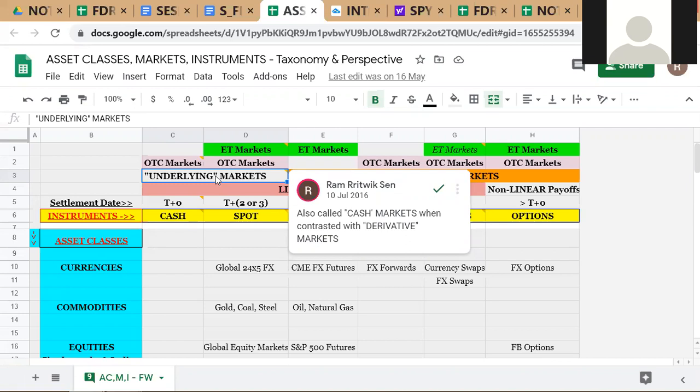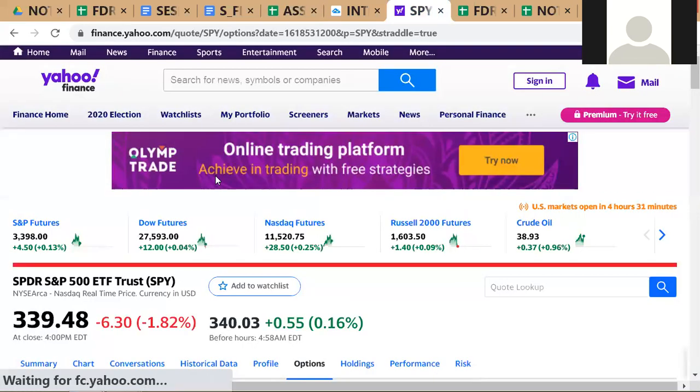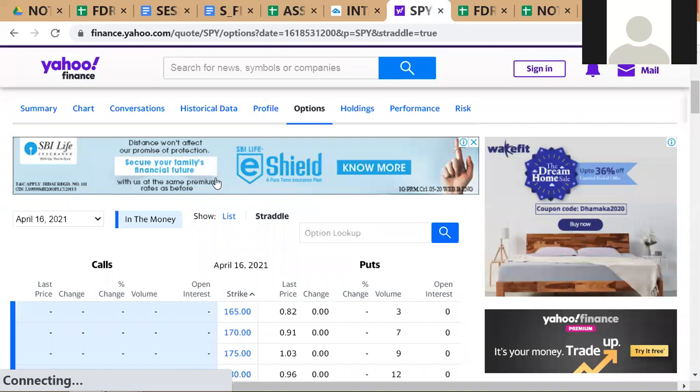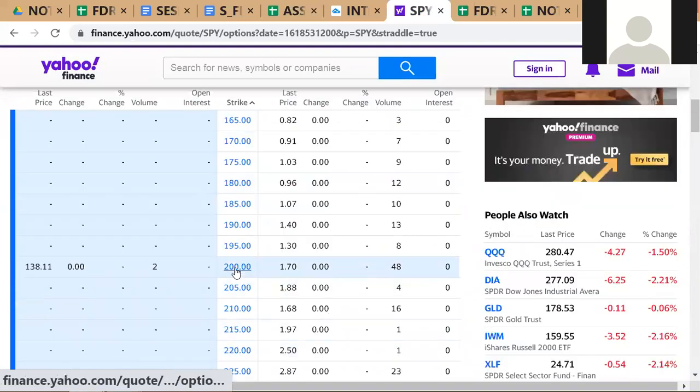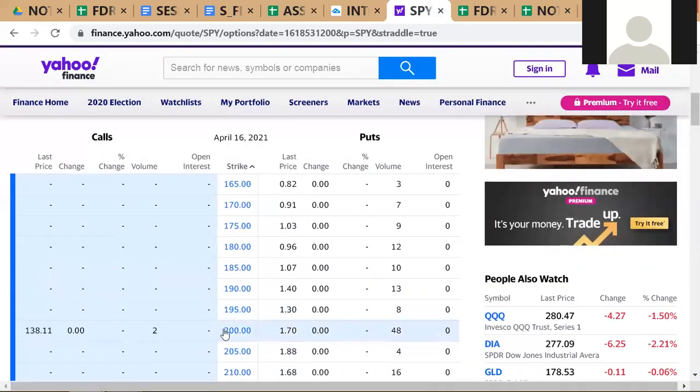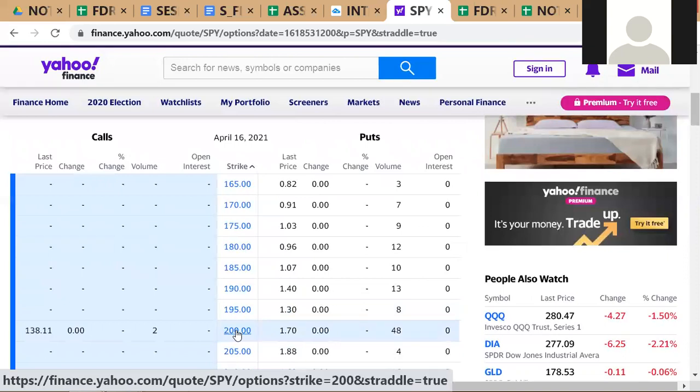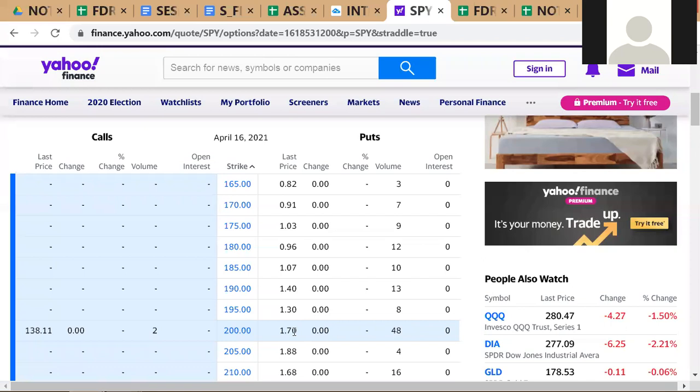So underlying is sometimes replaced with cash. We say cash markets. So if somebody is talking to you about the put, he might say, you know what, the 200 put on the SPY just traded at 1.7. So the other trader might respond saying, and where is the cash market?